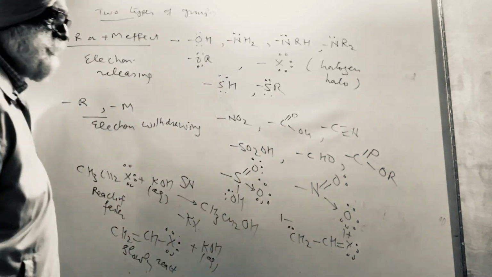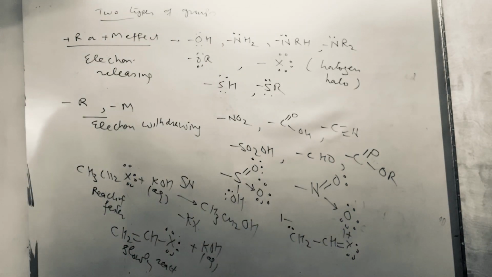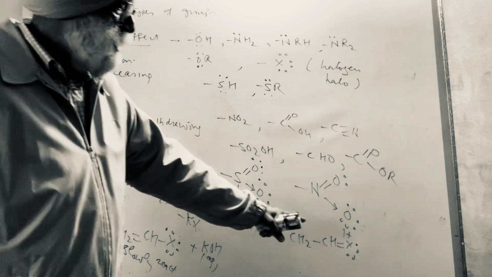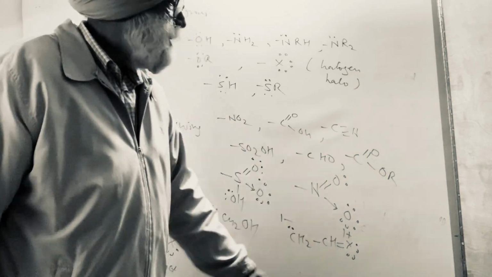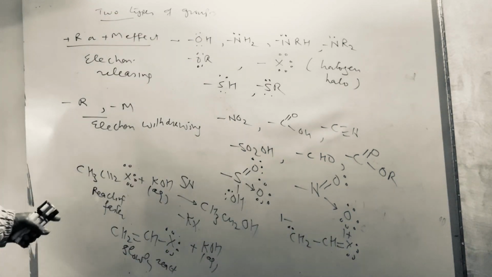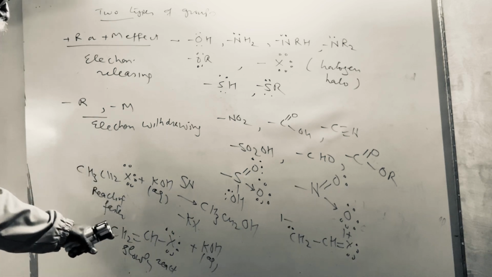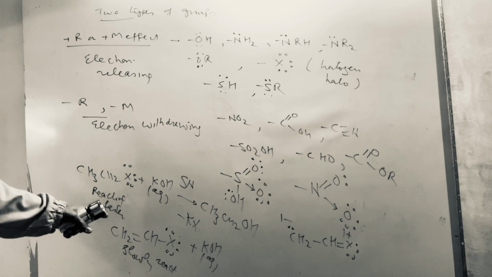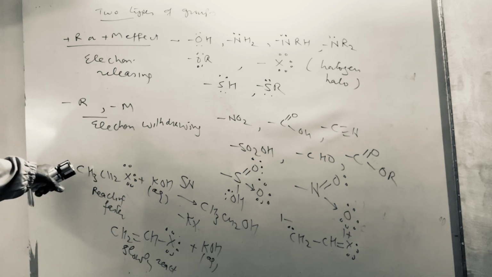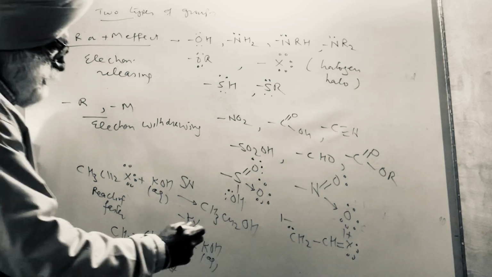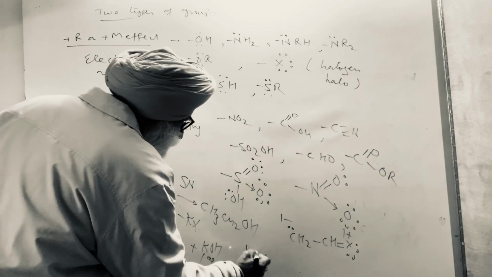So here you have this resonating structure. So a double bond is there, and the double bond will make it a stronger bond, so naturally it will be difficult to break. That explains why vinyl halide has lower reactivity. It reacts at a slower rate compared to aliphatic alkyl halide, such as ethyl chloride. Similarly, this will react faster.